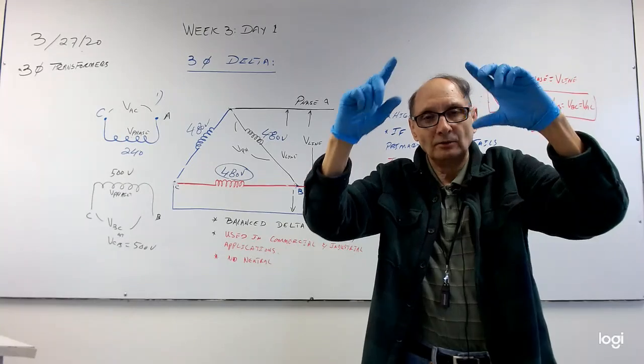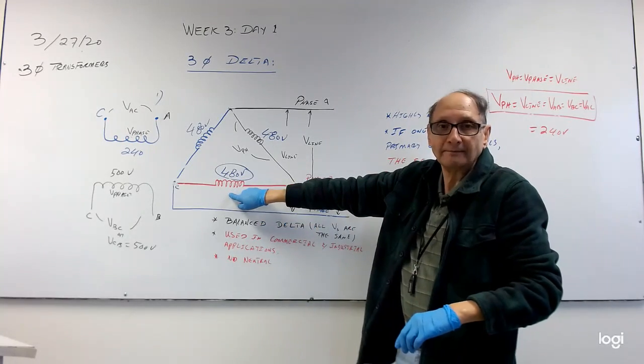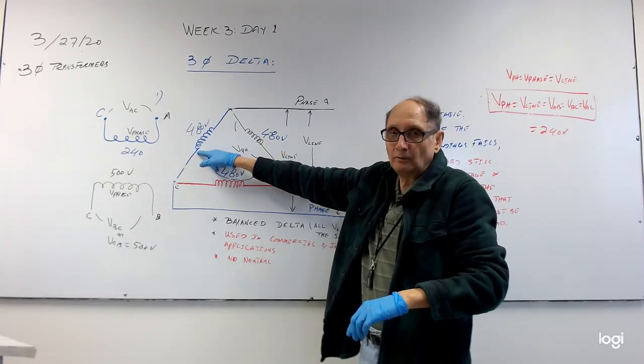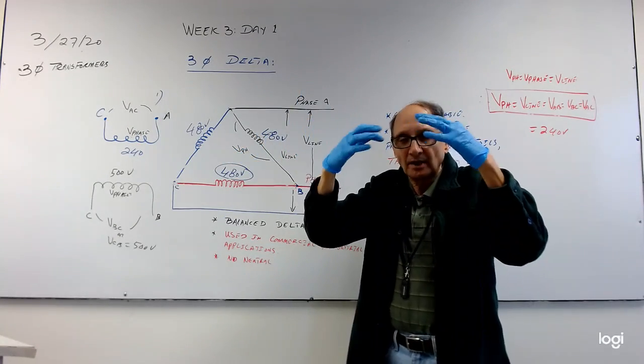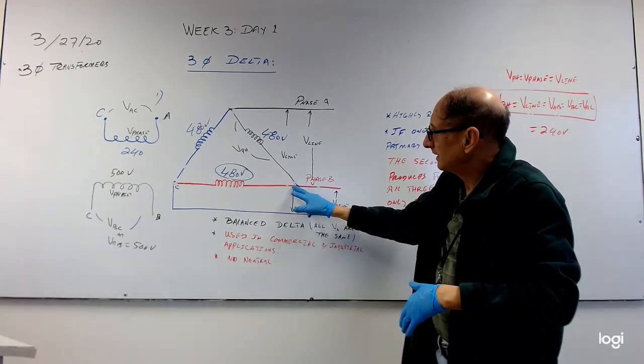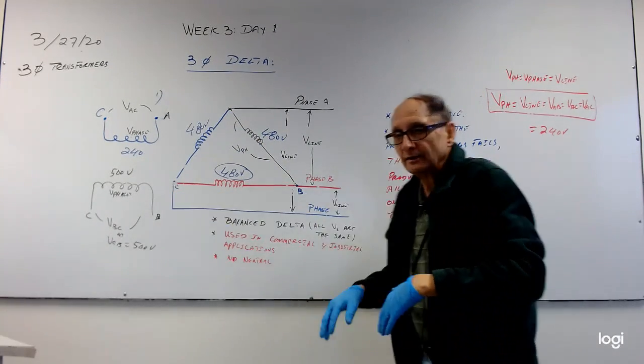Again, this is one winding, that's another winding, that's another winding. Look at 3 different windings. They're connected at 2 points, 2 points right here, 2 points right here, 2 points right here.